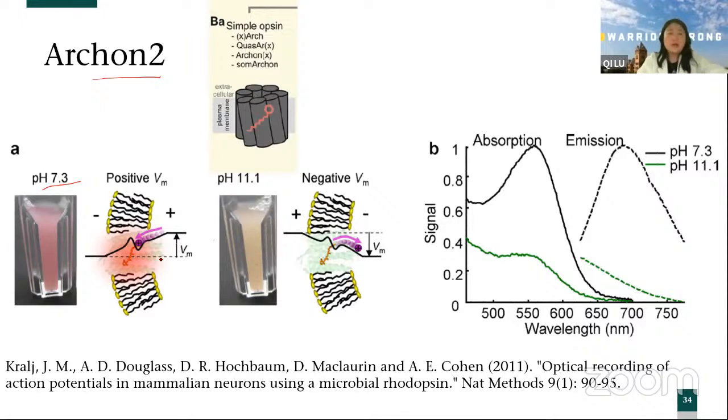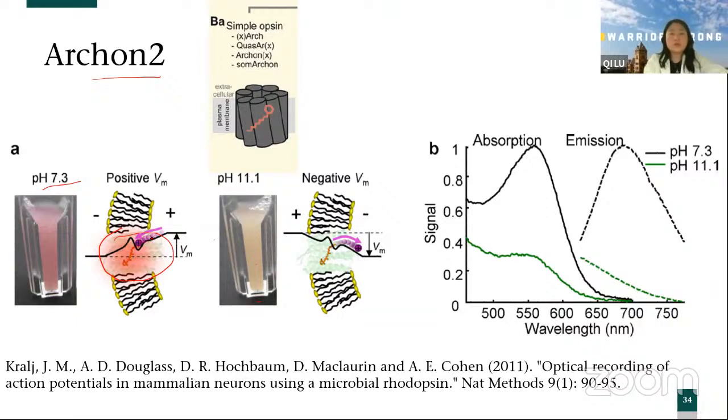Anyway, at different pH conditions, the color of these rhodopsins is different. That's because the proton concentration is quite different between these two conditions, and that determines the location of the protons within these rhodopsins, and then the color, or absorption light wavelength, changes.